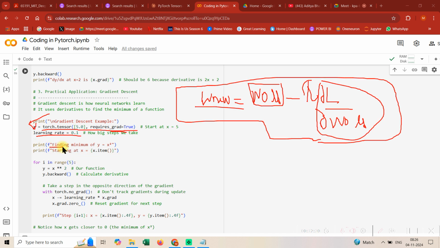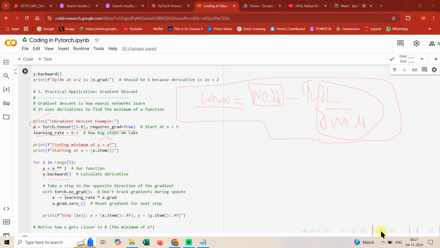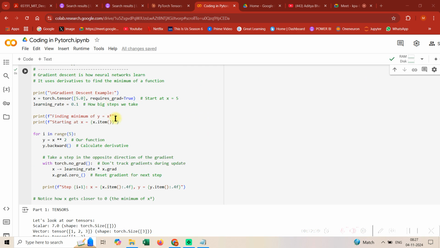Then we need to find the minimum of y is equal to x square. Guys, you can understand this, right? We are taking our function, then computing the gradient, then using torch dot no_grad. I taught you that we need to apply this no_grad, which means it doesn't track gradients during the update.